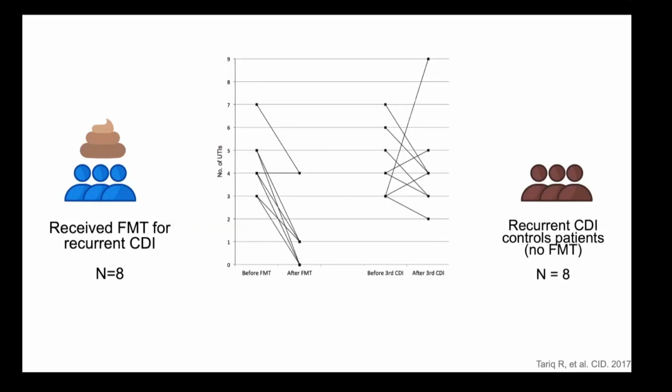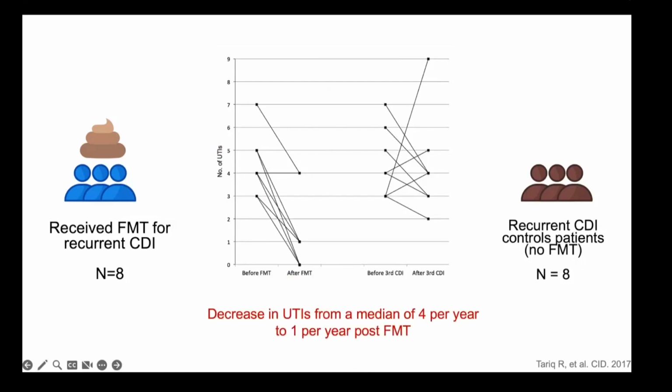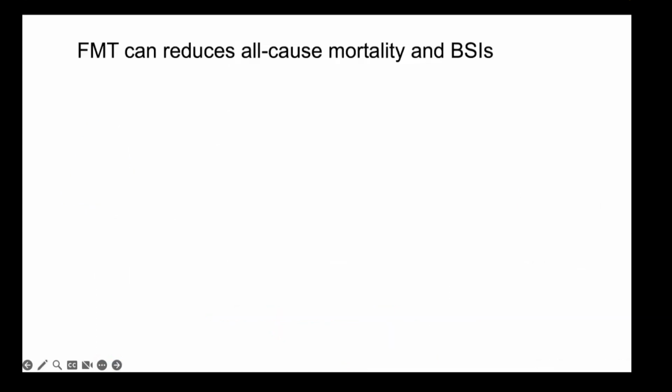And you can see for the most part that there was a decrease in the number of UTIs per year for the FMT group compared to the non-FMT group. And specifically, the decrease was from about a median of 4 recurrent UTIs per year to 1 per year post-FMT.